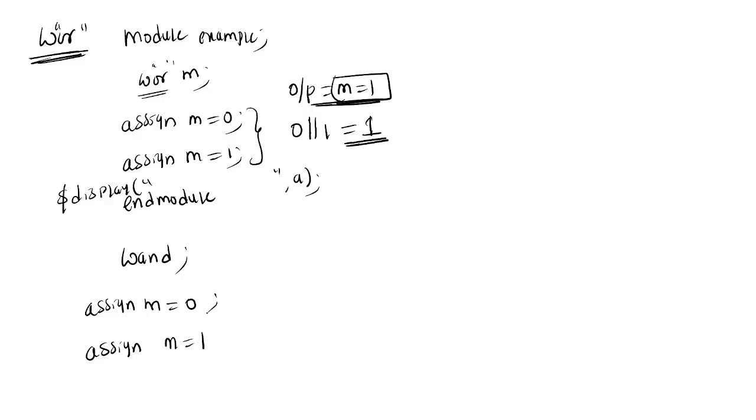It will do the AND operation, 0 AND of 1, so m equal to 0. Is it fine, net data type? What is the difference between wire, var, and wand? Shall I move forward?